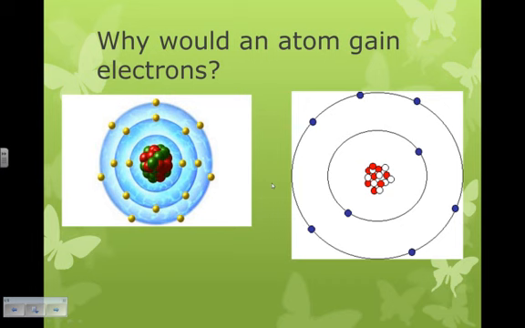And over here, this one, well, it would only require 2. So if there's only 2 that's needed here, then it would stand to say that it would also be more beneficial to gain 2 than to give away the 6.